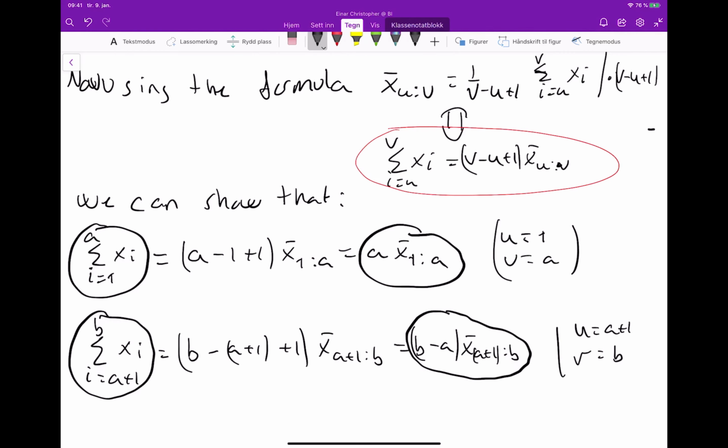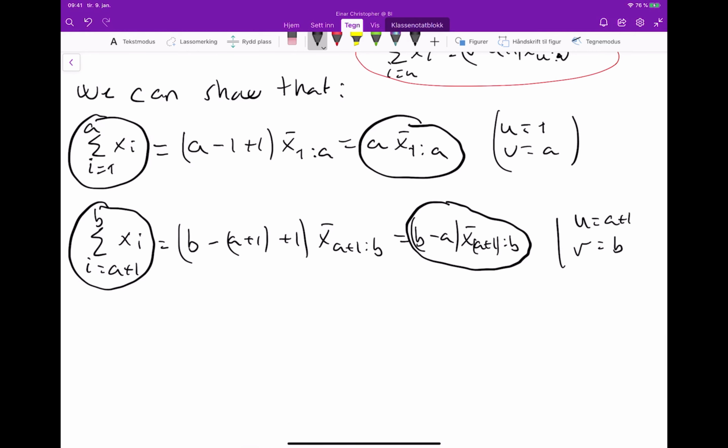And now we're soon at the end, but let's take the last one. The sum xi, i equals b plus 1 to n, using the formula, where now u is b plus 1 and v is equal to n.